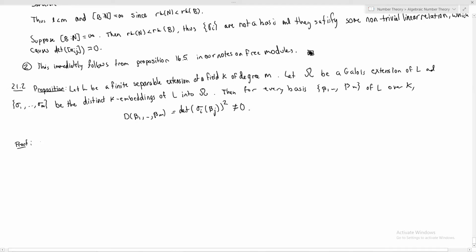So first, we basically need to recall the following. First, recall that the trace over K of beta is the sum of sigma_i of beta. So this is trace, norm, Galois theory, lecture 17.